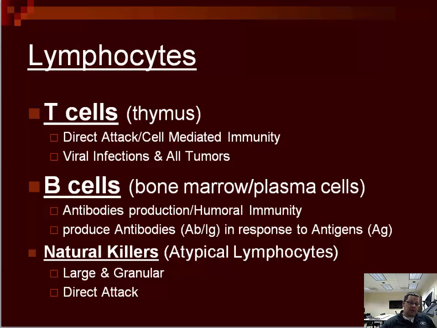There's 3 classes. The T cell has several populations of T cells. One of them are going to be called cytotoxic T cells, which I'm going to say are killers. We'll cover that in lecture at the end of the semester. We don't call them a killer, instead we call them cytotoxic. For now, you'll just know that there are 3 types of lymphocytes: the T cell, the B cell, and the natural killer, an atypical lymphocyte, involved in different aspects of your immune system.